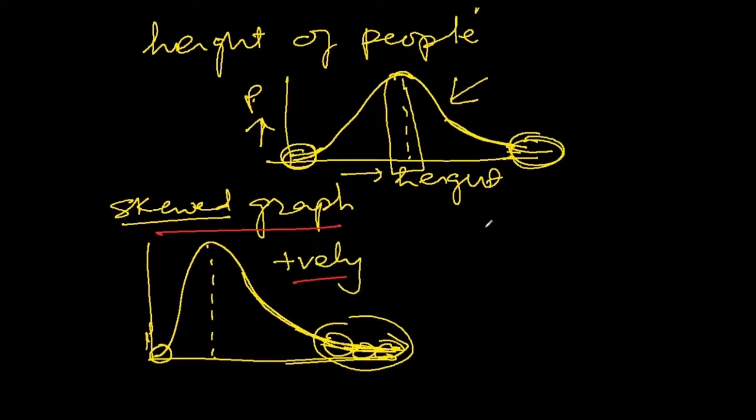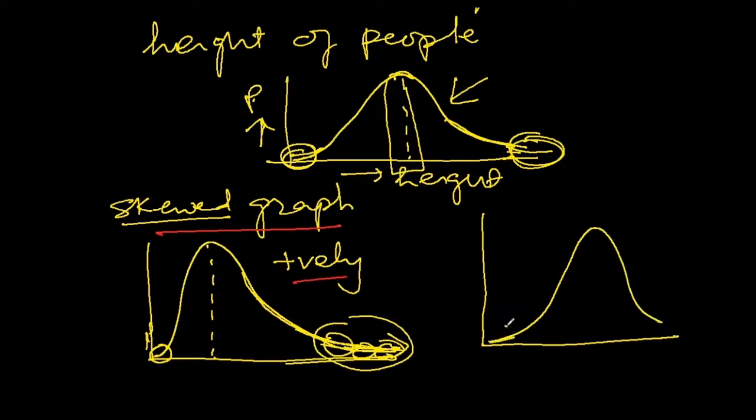We can also have negatively skewed distribution graphs, which will be something like this, where the tail is at the lower data, with very few values. For example, if we see the departure time of any specific flight, it is very rare that they fly before time, right?